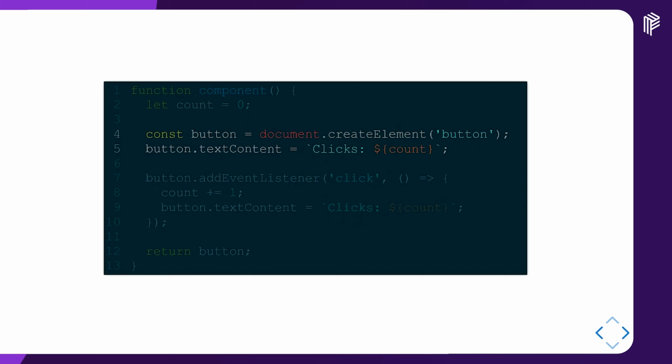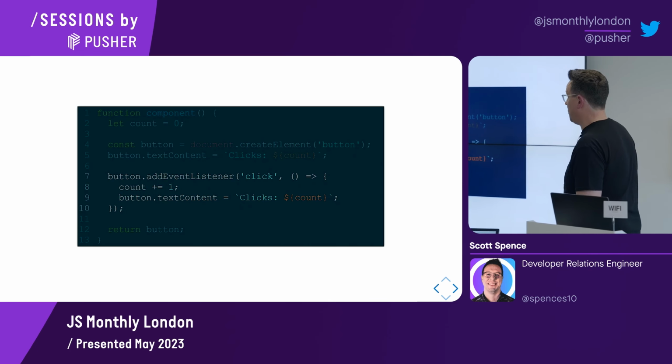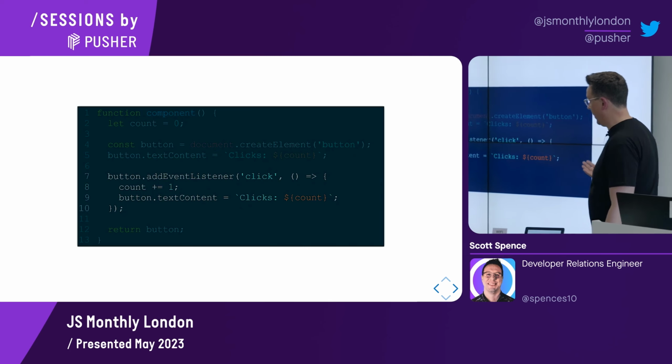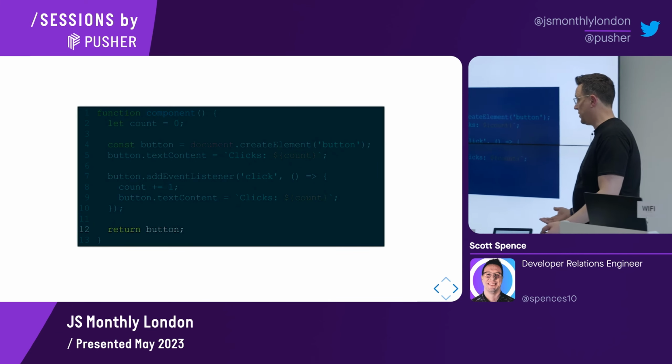We need to tell the browser we want a button, so we create an element for a button, and then add some text content to show the number of clicks on that button. We also need to tell the browser to listen to an event on that button. When it's clicked, we want to increment our count by 1 and display that in the text on the button. Then we return that.